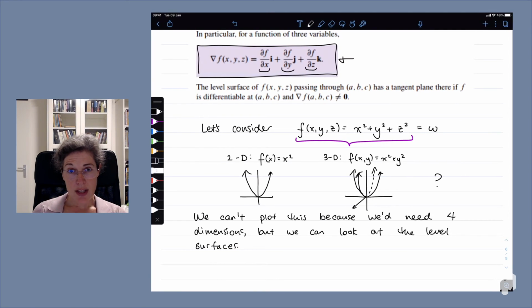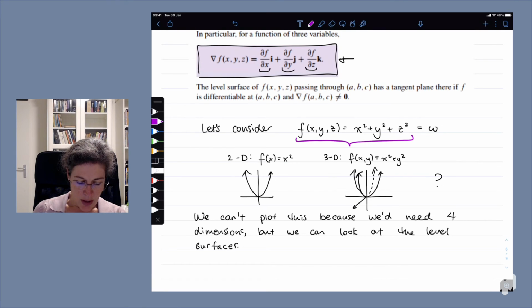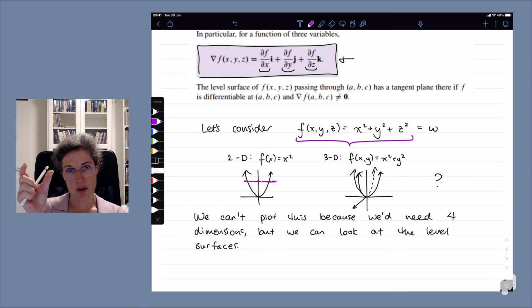Well, use the idea of level curves. So if you wanted to, although you probably never did when you were doing functions of one variable, you could fix a y value and just look at what was happening in the x, and you'd find that you would get 2 points. It is slightly more useful when we're thinking about a 3D function.